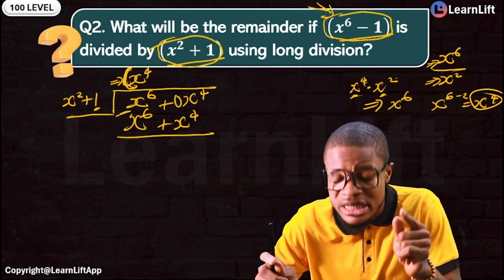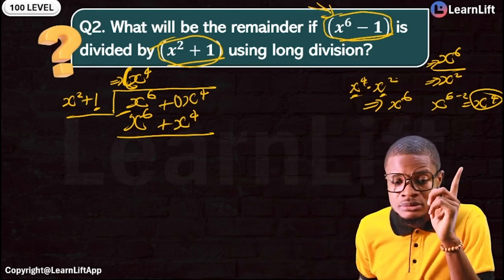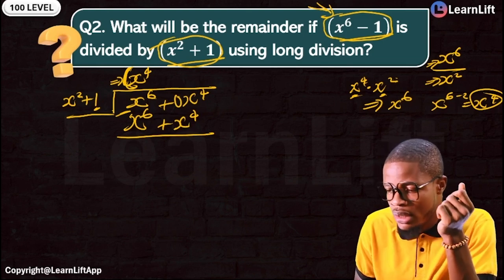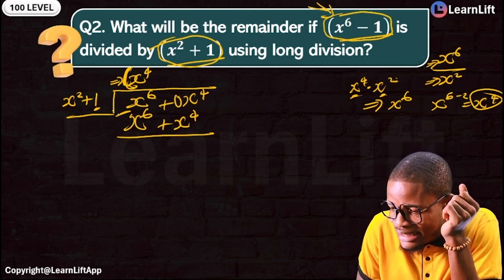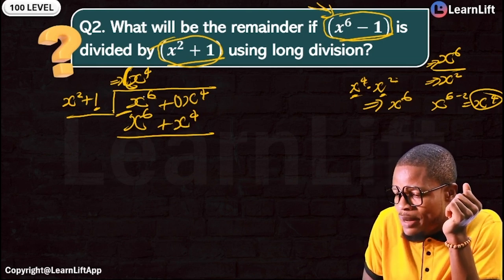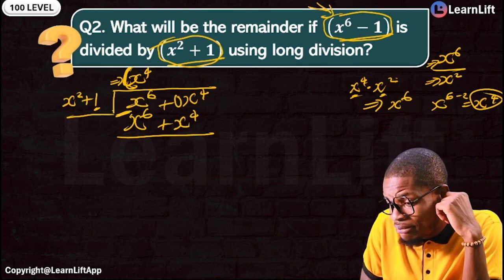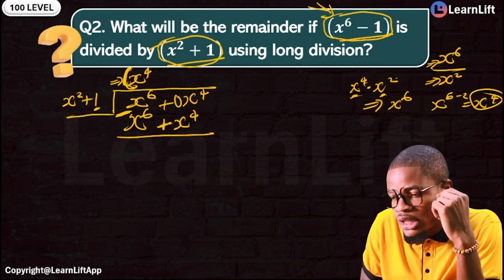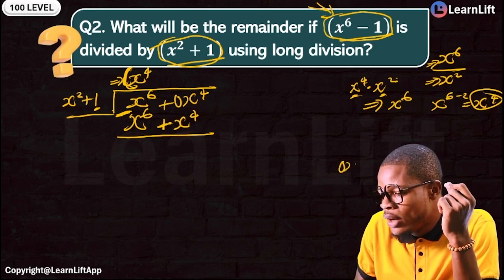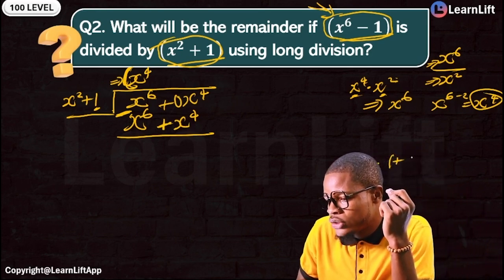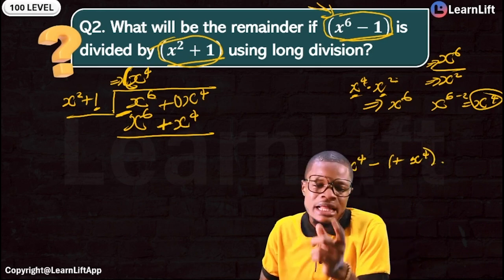This is how you solve it. Maths is not hard. This is the list of questions they can never give you in an exam condition. I'm being serious now. Now, if I subtract this here, what is x raised to the power of 6 minus x to the power of 6? That's 0. Minus, listen, this minus here times plus: for example, we have 0x raised to the power of 4 minus plus x raised to the power of 4. That's what you have there.